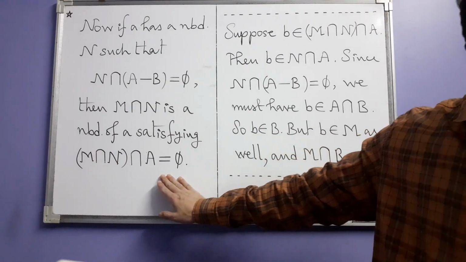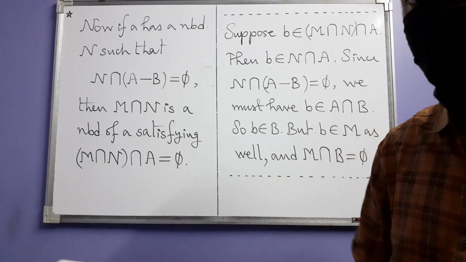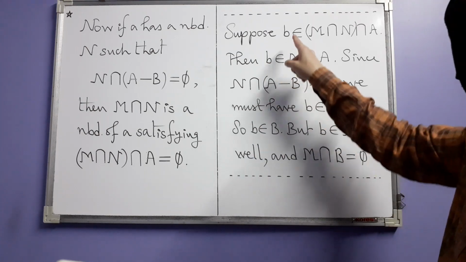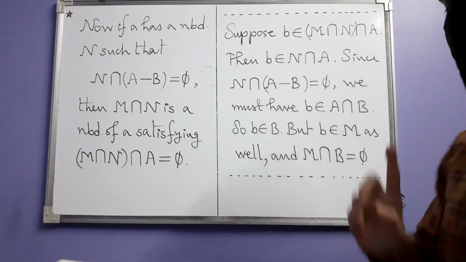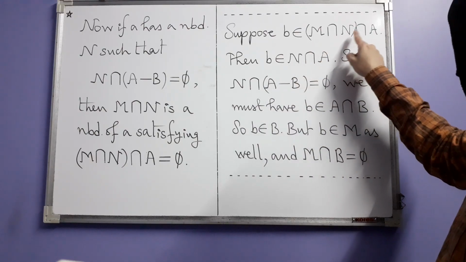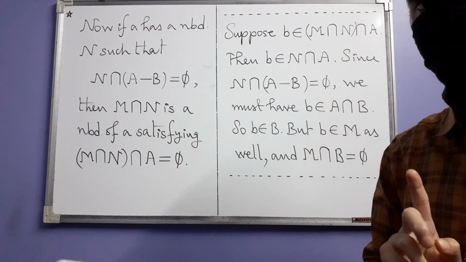Suppose this is not true. This intersection is non-empty. Then that means there is a point in this intersection. Choose a point b in this intersection. Then b in particular belongs to N intersection A as well.